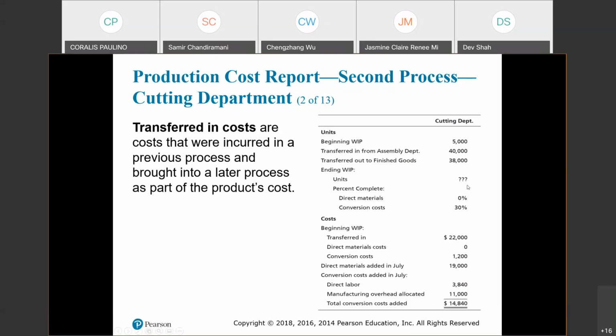So what we need to do here is to calculate how much is the question mark. Similarly, we use the sum of these two numbers minus 38,000. We get 7,000.